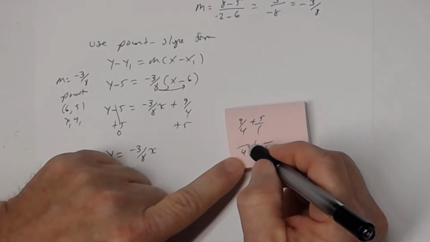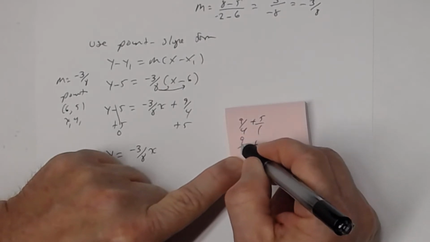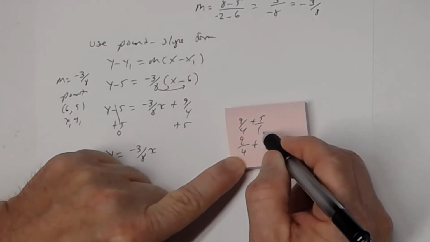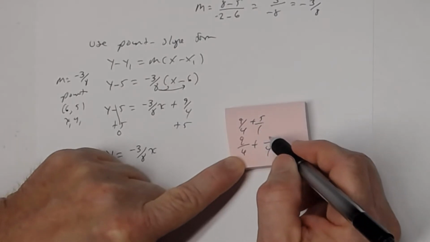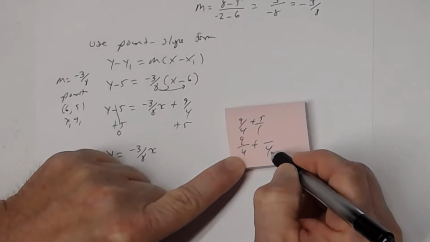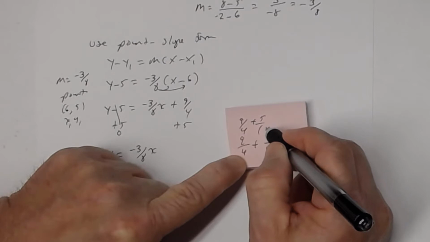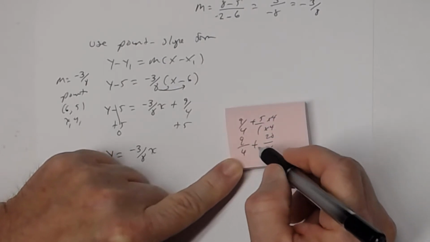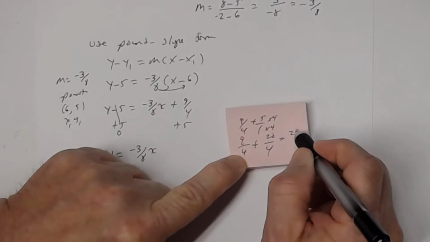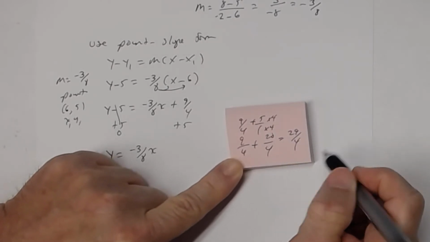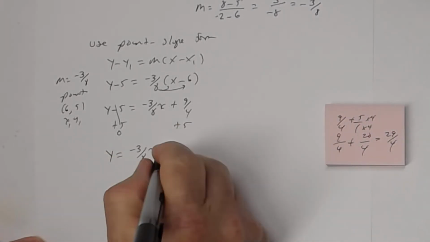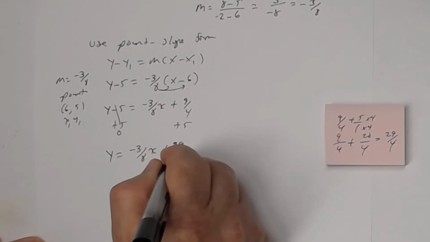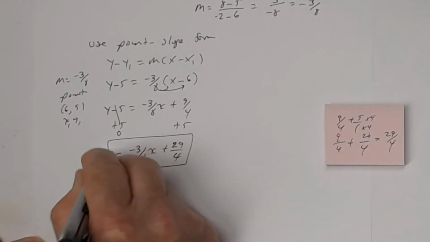So 9/4 is equivalent to itself. 5 divided by 1, I got to find out 5 divided by 1 is equivalent to what fraction with 4 as the denominator. So you can say 1 times 4, 5 times 4 is 20. And so then you add them up, you get 29/4. All right, so 29/4 will go here. And there's your equation with a line. You're done. Okay.